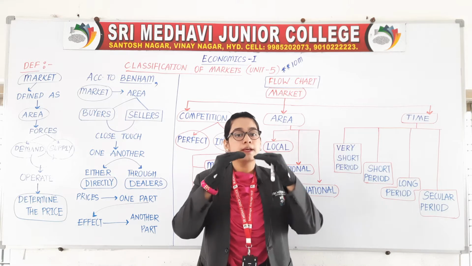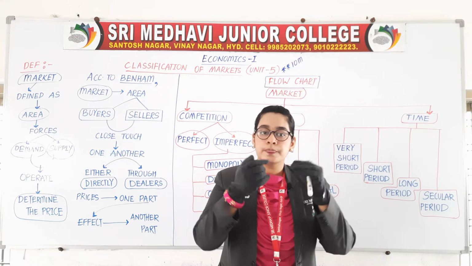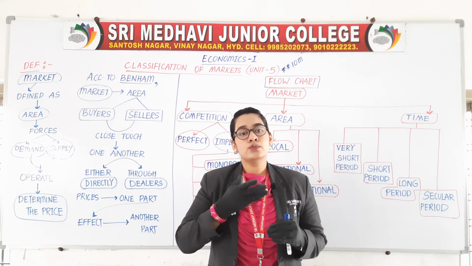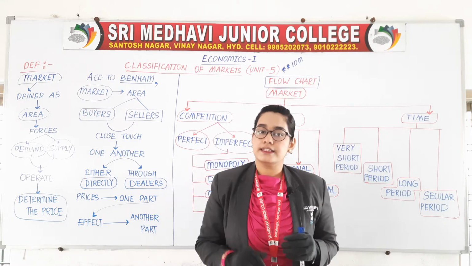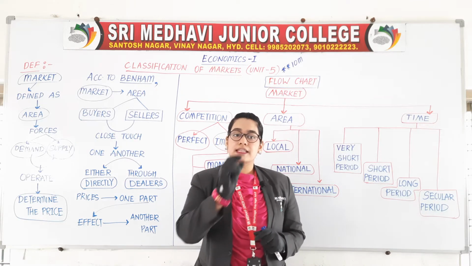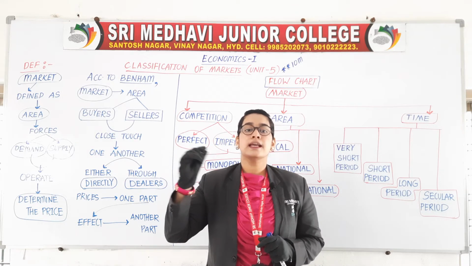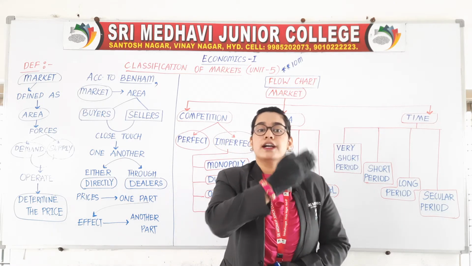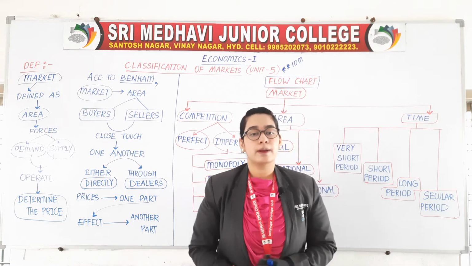Then both of them became equal, MC equals MR, and finally both of them started increasing. So this was the relationship between average cost and marginal cost. Is it right? The MC curve cuts the MR curve from below.